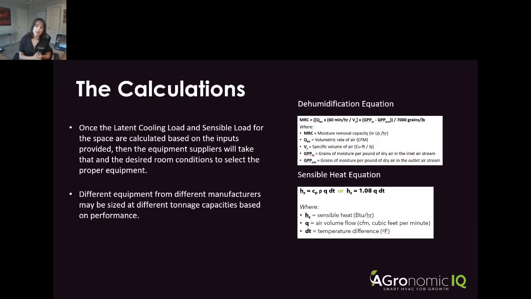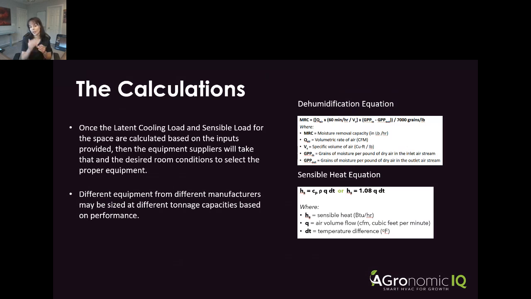Once all that information is gathered and provided to your MEP, in conjunction with us or on their own, depending on how familiar or comfortable they are, they will do different calculations. They will come up with the latent cooling load and the sensible load in the space based on the inputs provided.